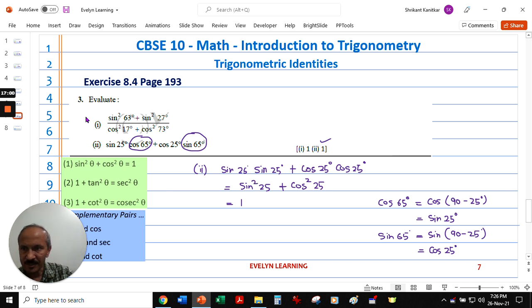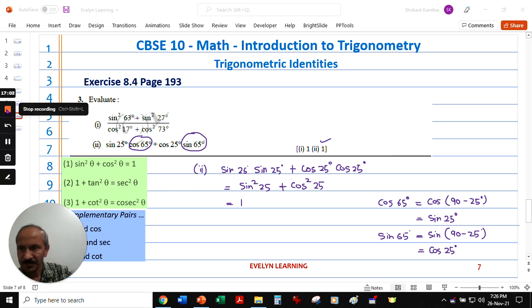We know that cos 73 degrees can be written as cos of 90 minus 17. 90 degrees minus 17 degrees is 73 degrees. And then cos of 90 minus theta becomes sin theta, which is sin 17 degrees. So here cos square 73 I replaced with sin square 17.